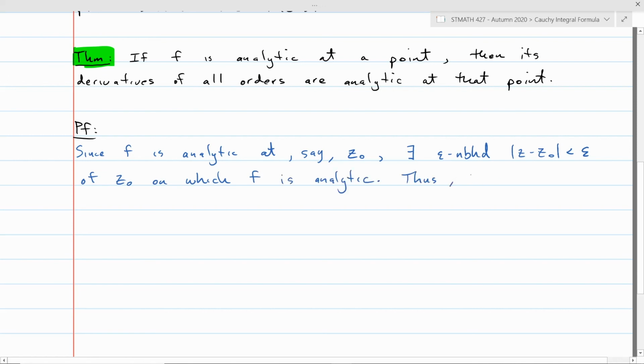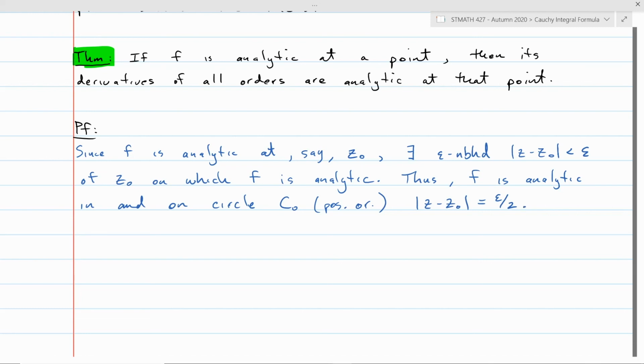Thus, f is analytic in and on the circle C naught, positively oriented of course, where we take half the radius of that disk: the absolute value of z minus z naught equals epsilon over 2. That circle is completely inside the epsilon neighborhood where f is analytic, so f is analytic in and on this circle of half the radius. So now, check it out.